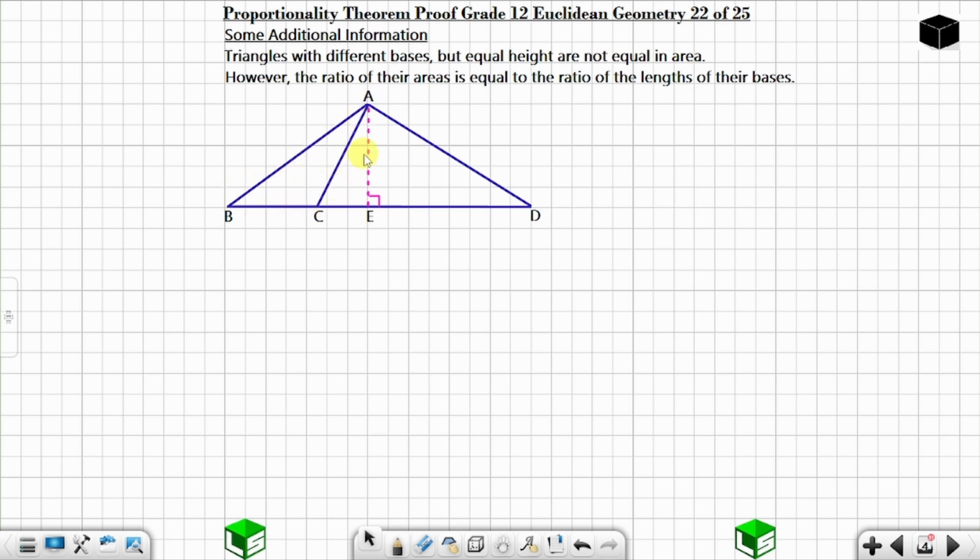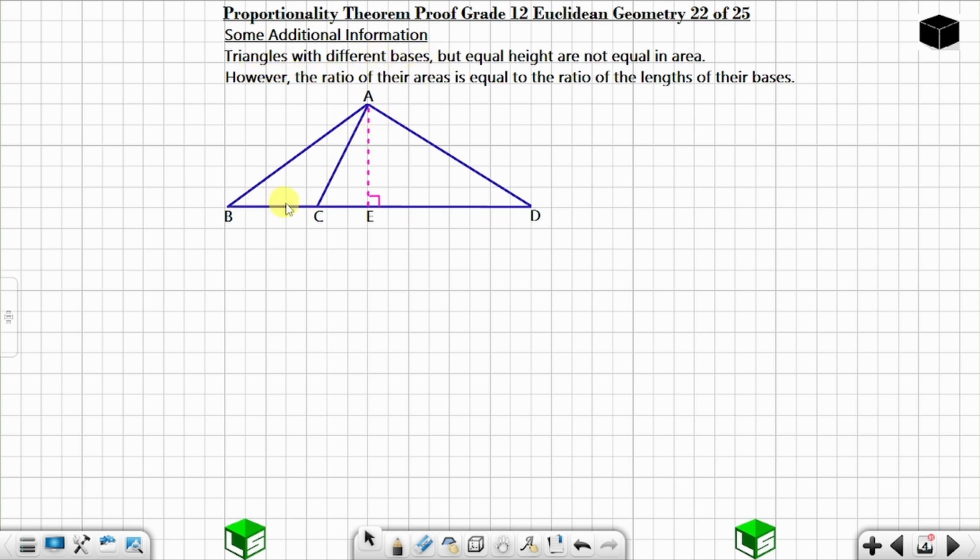The height is AE. AE is perpendicular to the base BC. And for triangle ACD, the height is AE as well. You can see AE is perpendicular to the base CD, but you have the bases are different.